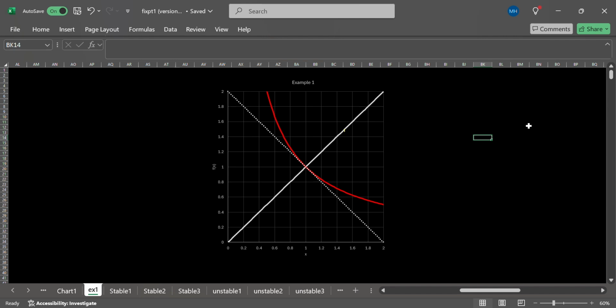We'll start with 1.5. And we plug 1.5 into the function f. That's like just taking a vertical line and then taking the value and plugging it in again is like taking a horizontal line.